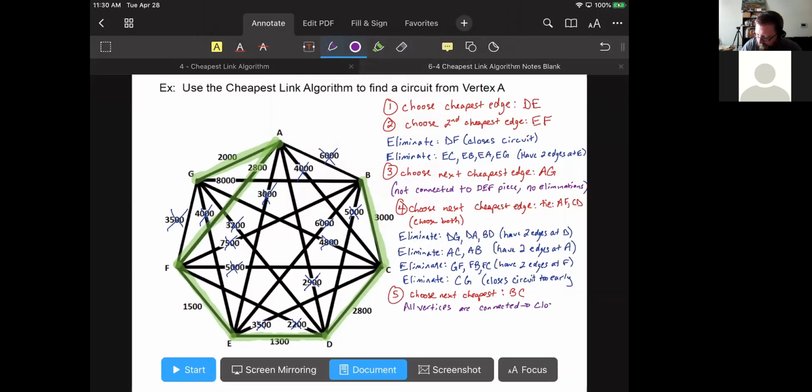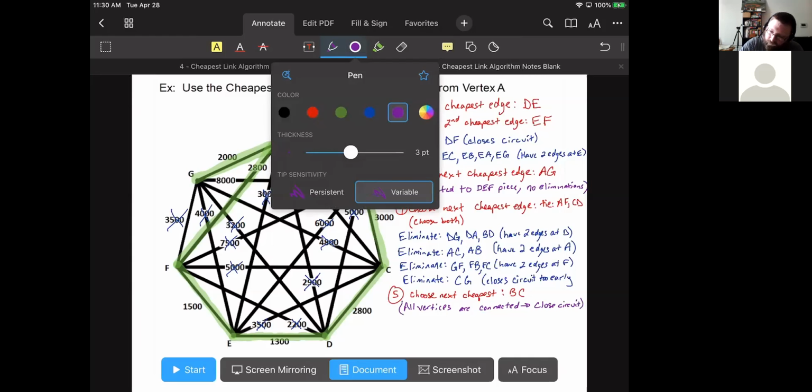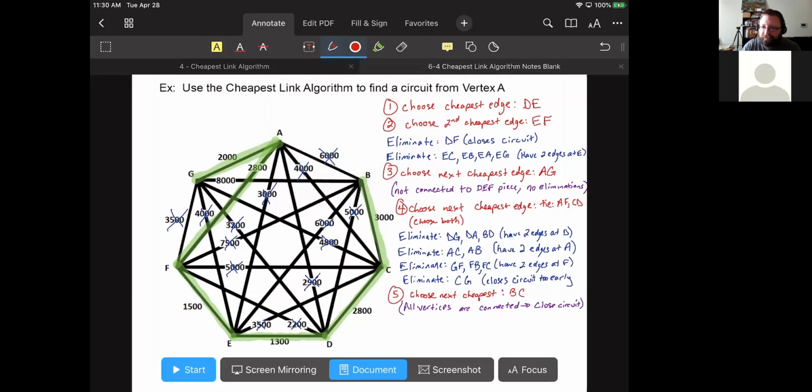So we are now going to close the circuit. Our final step here is to close the circuit by choosing the last edge, BG. So there we have our circuit.